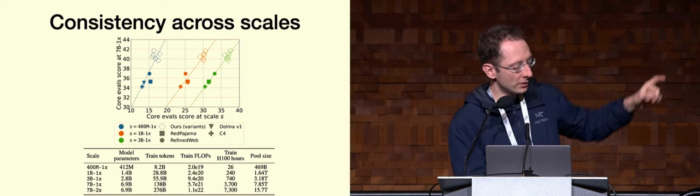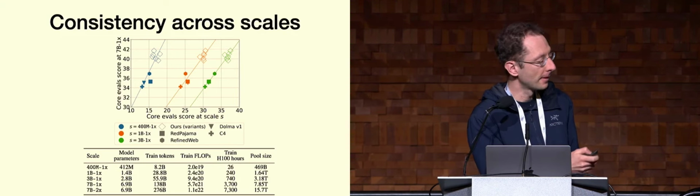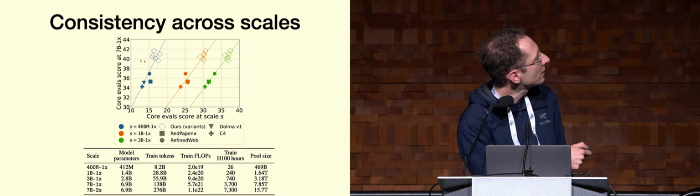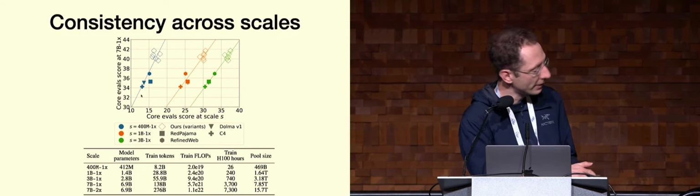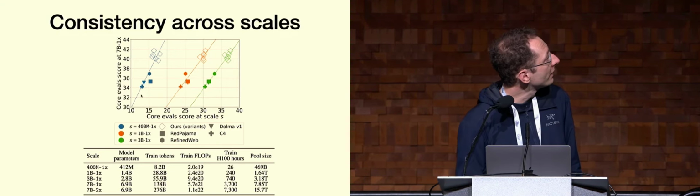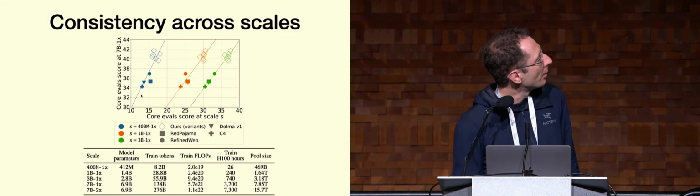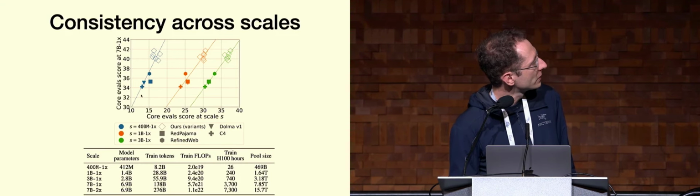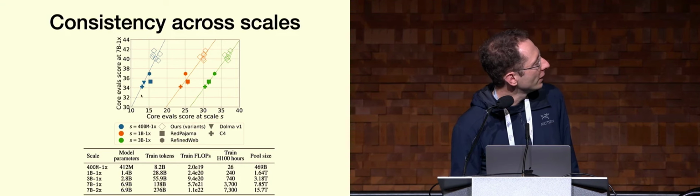So here on this plot, what you see on the x-axis is the performance on our evaluation suite for a given scale S. And we have 3 different scales here that we compare to the 7B scale.